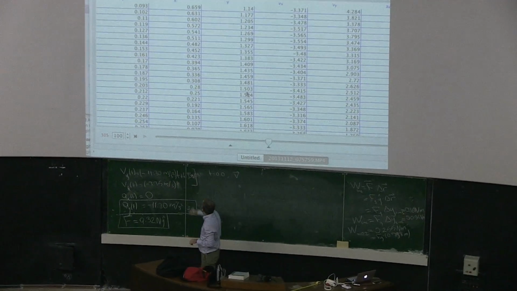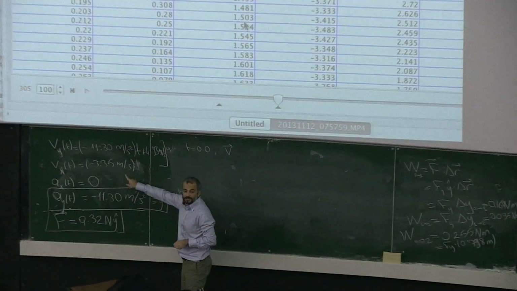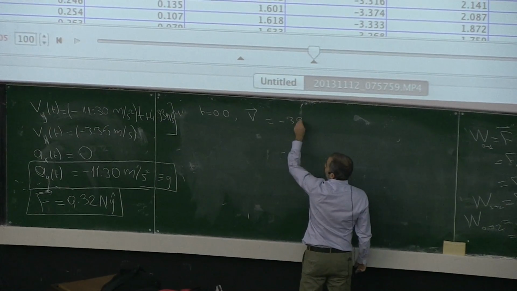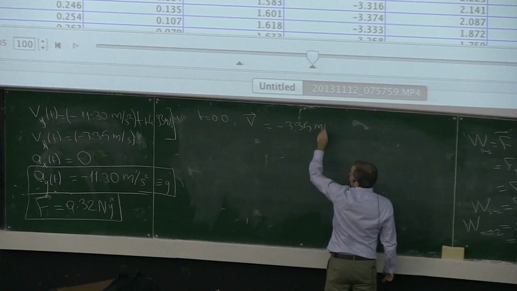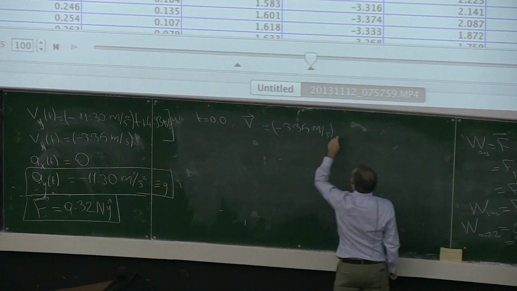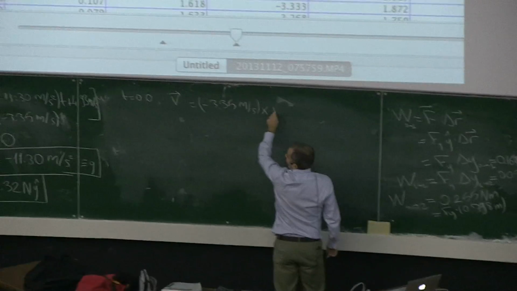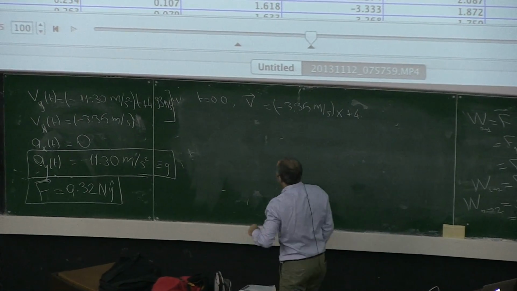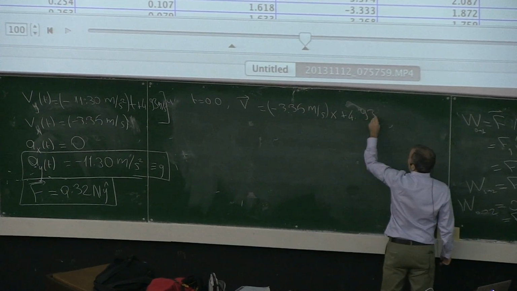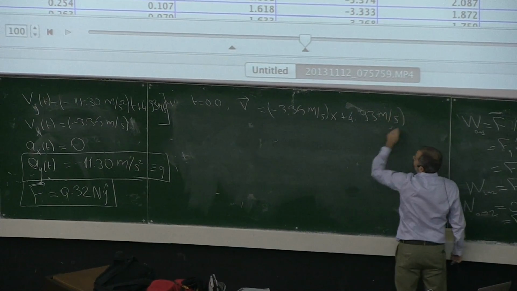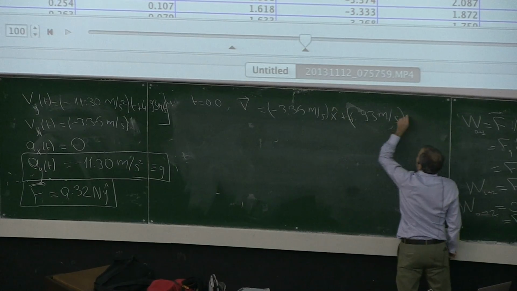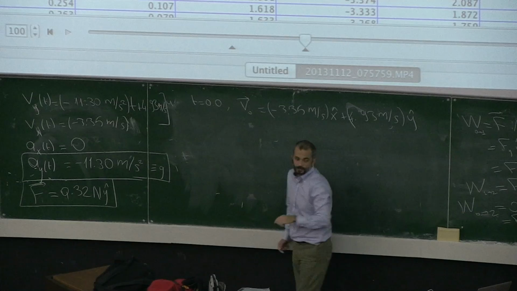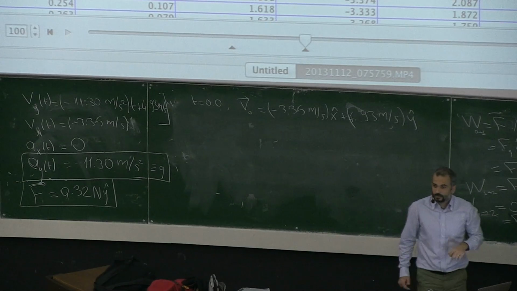So this is the y component of the velocity, and this is the x component of the velocity. This is equal to minus 3.35 meters per second in the x direction, plus 4.93 meters per second in the y direction. This is at step 0, at the start, at t equal to 0.0.